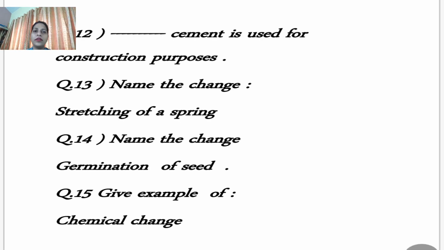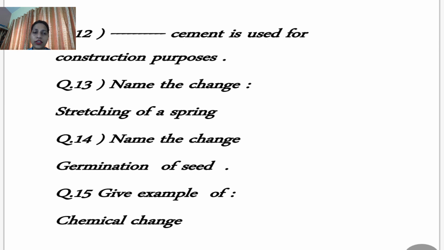The 12th one: dash cement is used for construction purposes. Question number 13.